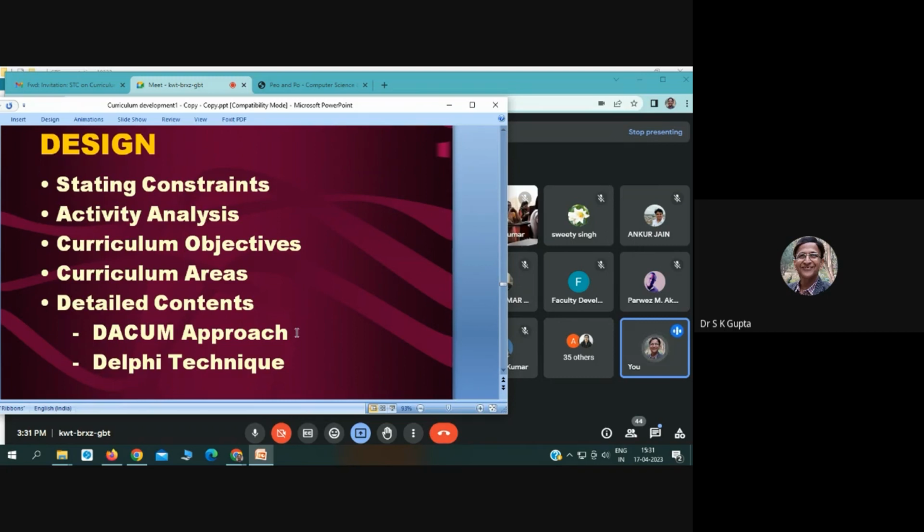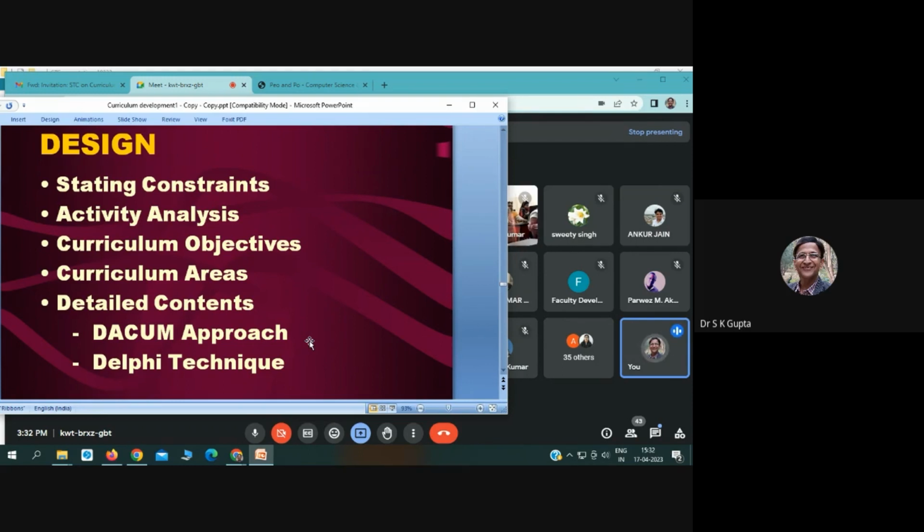Then we write detailed contents through the DACUM approach or Delphi technique. DACUM approach means you are developing a curriculum, and Delphi technique is an alternative to the DACUM approach. There are basically two approaches. One is the DACUM approach. In the DACUM approach, we invite all the stakeholders at one place.